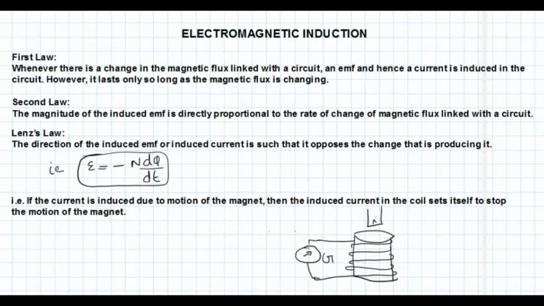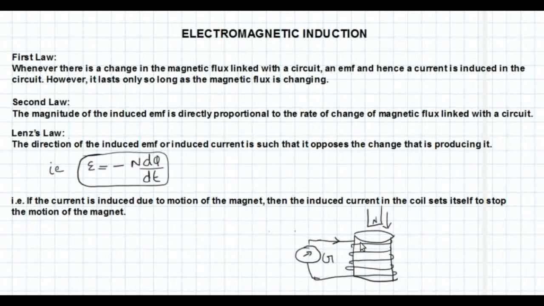So this is the case. There is a coil and there is a bar magnet which is to be inserted into the coil. This way the bar magnet is coming down, and there will be a large number of magnetic field lines associated with this bar magnet, and these field lines will come in contact with different turns of the coil while being inserted.